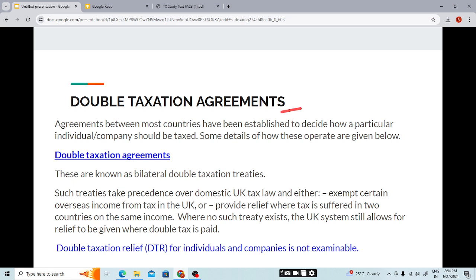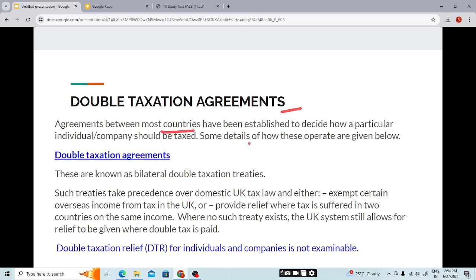Then the Indian government and the UK government will have a double taxation agreement that for the income brought from India to UK, you only tax the amount above that rate. He needs to pay 30 percent tax in UK, and he has already paid 20%. So the difference is 10 percent. You only charge 10 percent, so that he'll have a relief. So this is double taxation agreement.